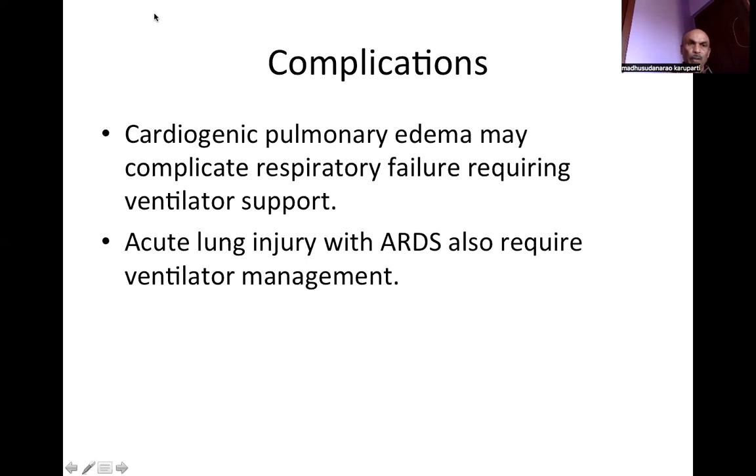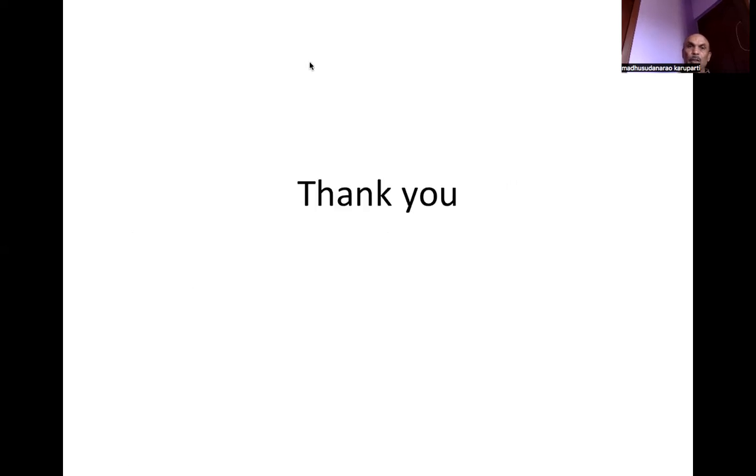And we should have all the emergency treatment modalities available. It is very important that institution of early treatment in these patients with acute pulmonary edema is so important in order to avoid fatality rates.